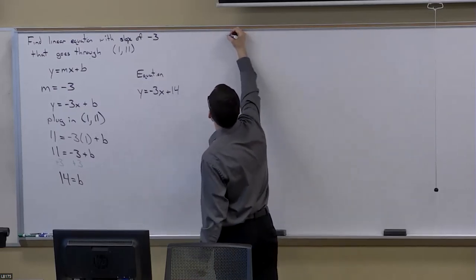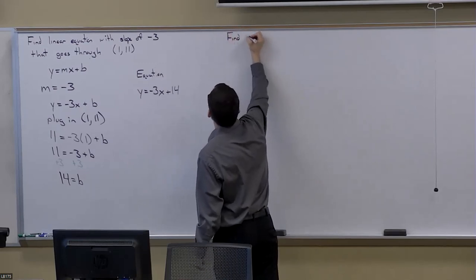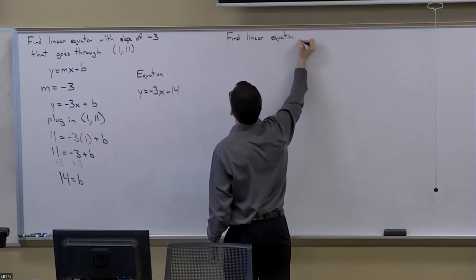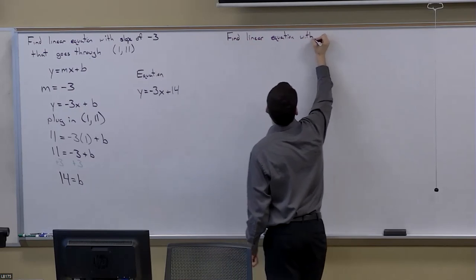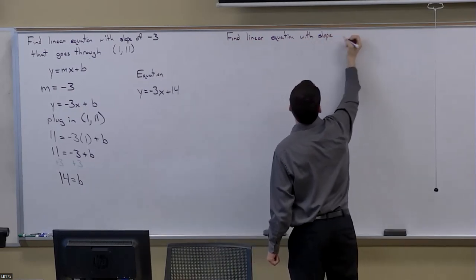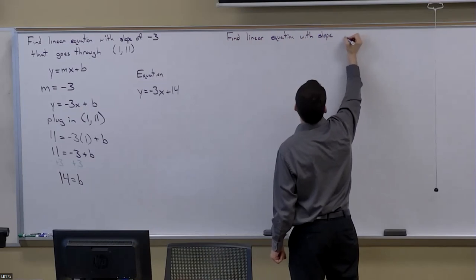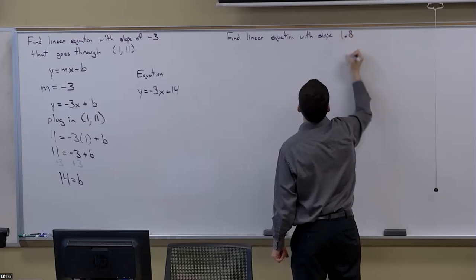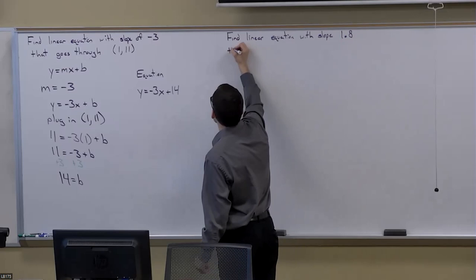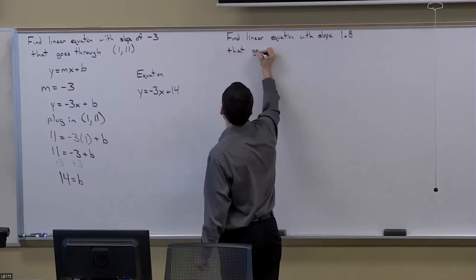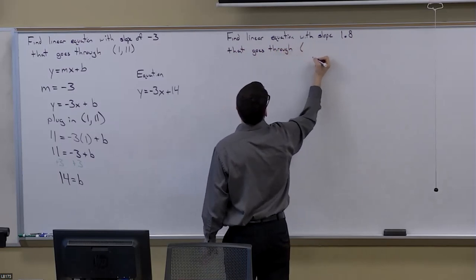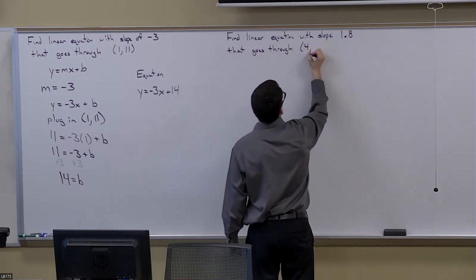All right, let's do something like that again. Let's find the linear equation with slope, let's say a positive 1.8, that goes through the point (4, 7.3).